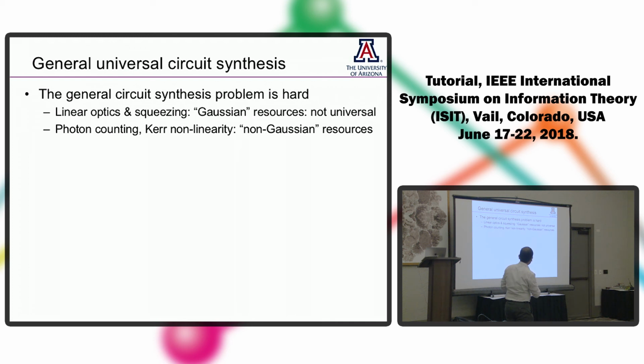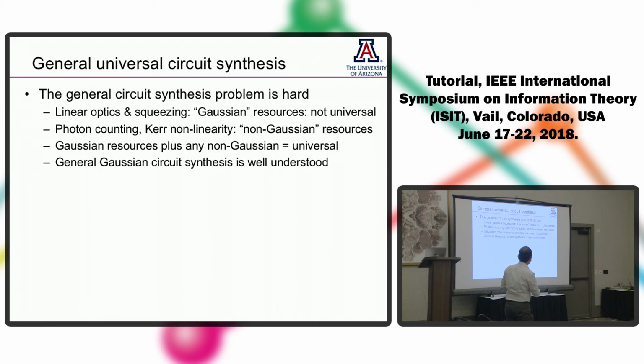But the moment you include any non-Gaussian resource, like a Kerr nonlinearity or photon counting or single photon sources, it becomes universal, meaning all Gaussian resources plus any one non-Gaussian resource makes it universal. But understanding the circuit synthesis for arbitrary non-Gaussian or arbitrary universal operations is open.